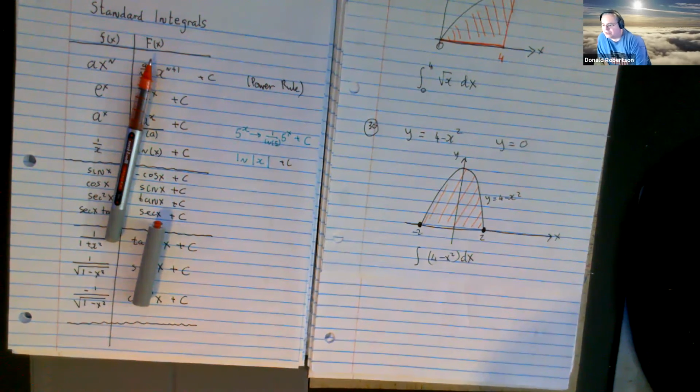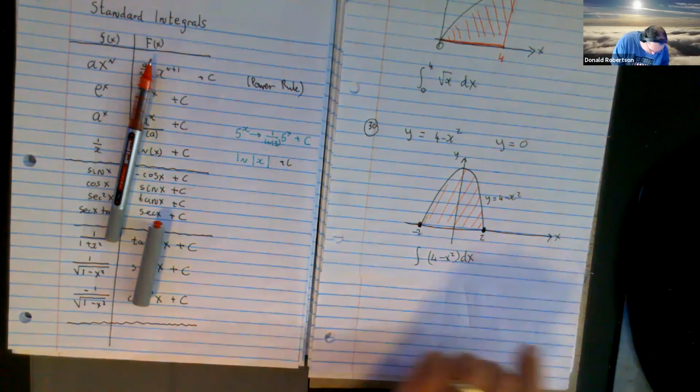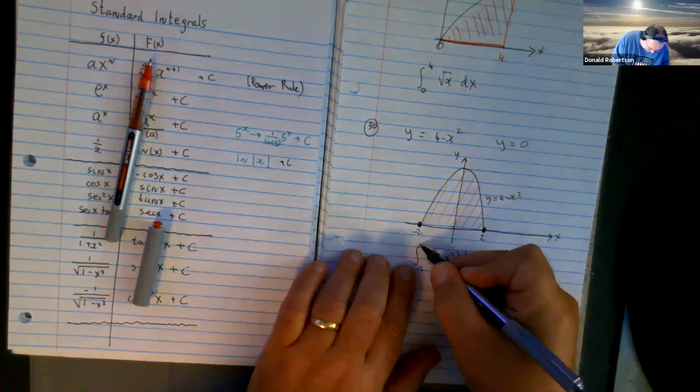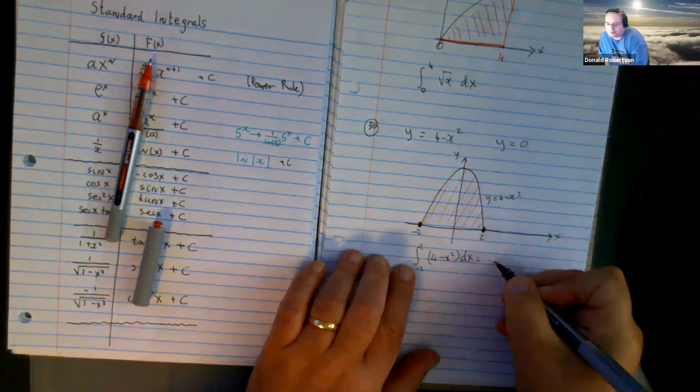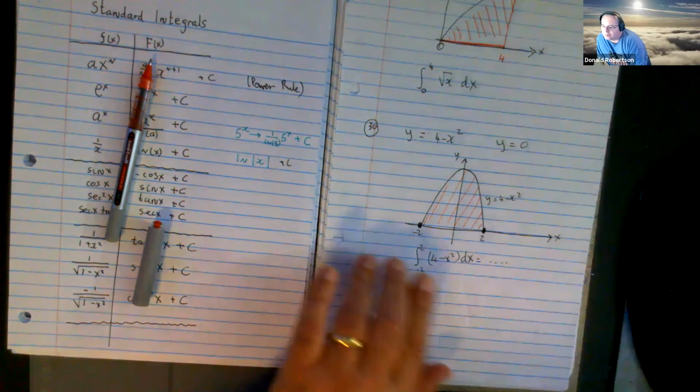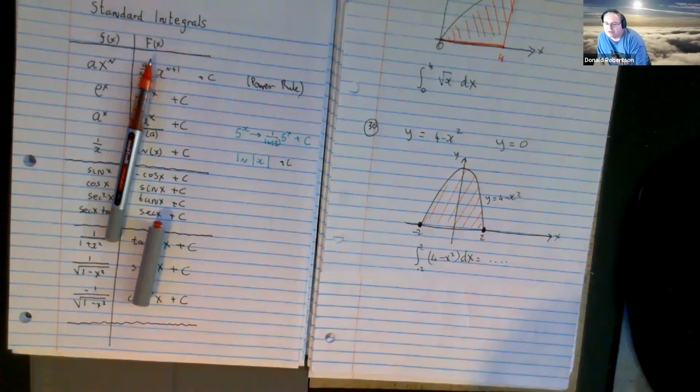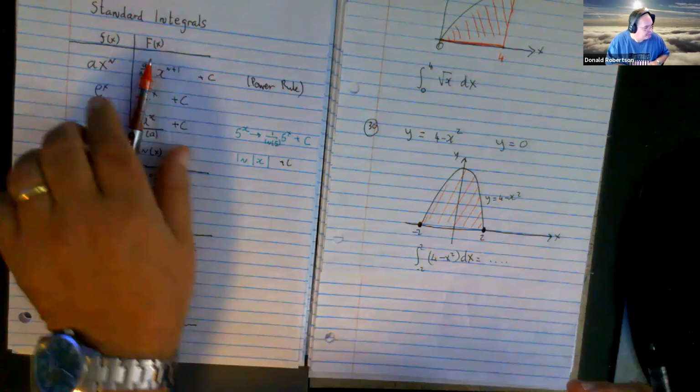But it was so easy you did it in your head. Now, if I put in the numbers -2 to 2, is that one pretty easy to integrate and plug in numbers and get the answer, whatever it ends up being? Feel comfortable about that? Then we have finished that section.